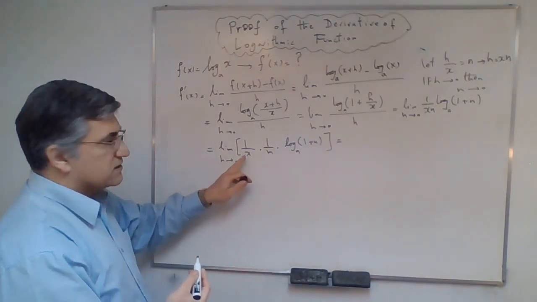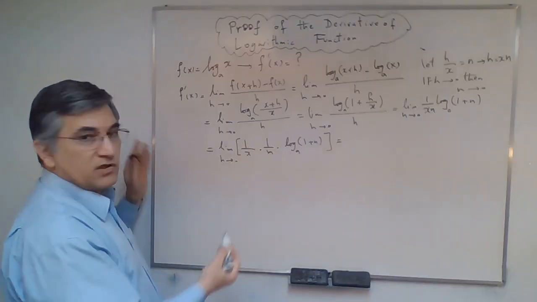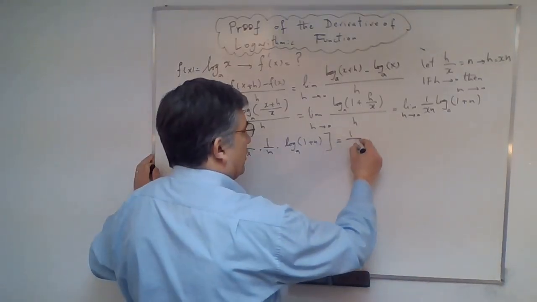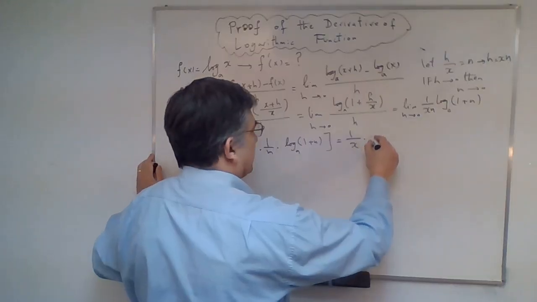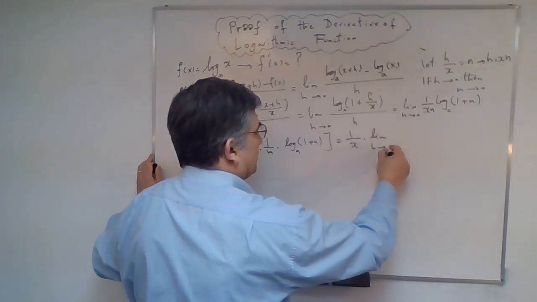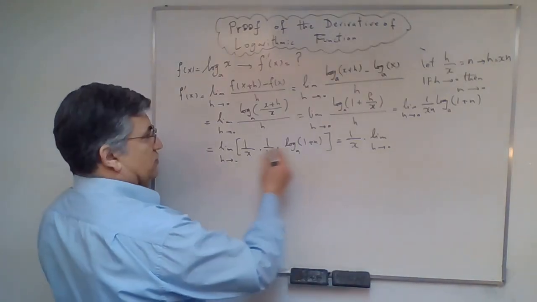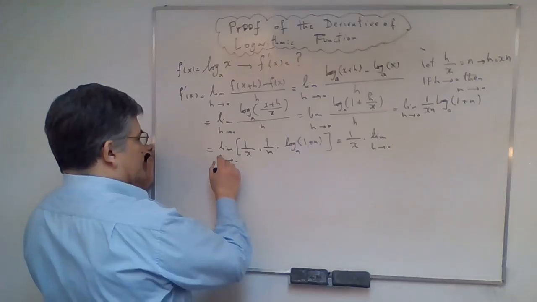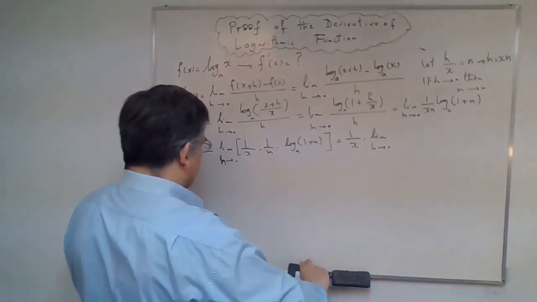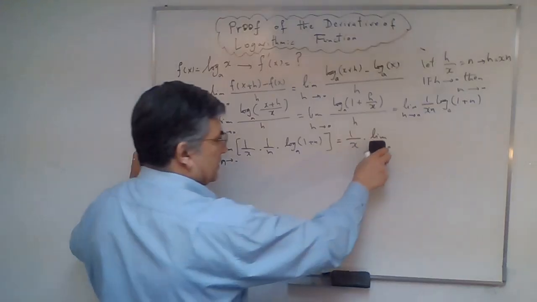And then x is not the main variable, so I'm going to even pull it out. So it's going to be 1 over x times limit of when n approaches 0. Let me write it clear.